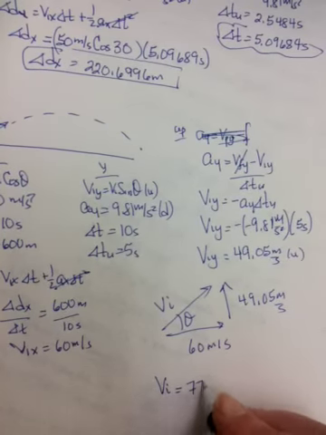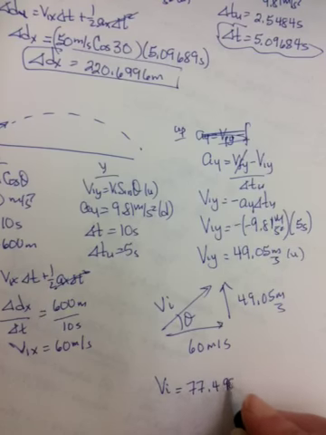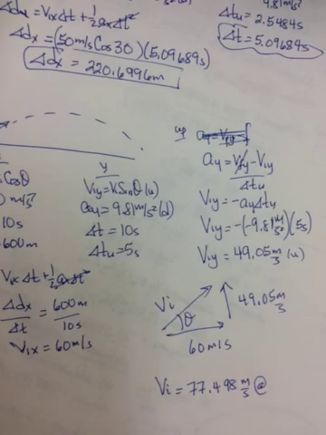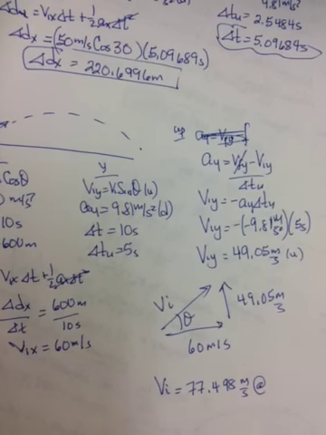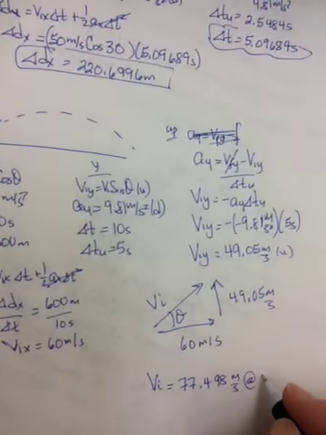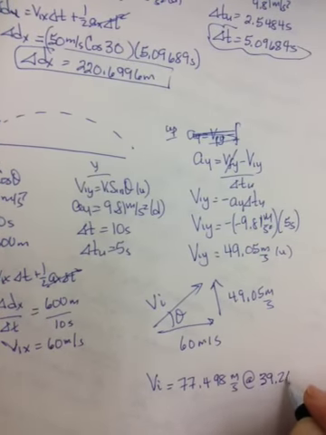VI is equal to 77.498 meters per second, and then the angle, times 60, second function, 39.266 degrees.